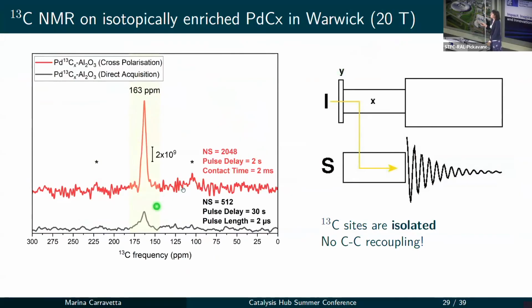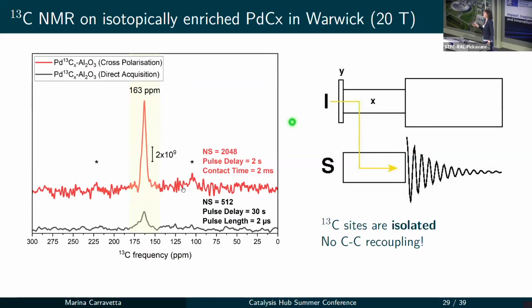And over here, we have data for the experiment acquired through direct excitation. And this one here is the result of cross-polarization. Cross-polarization is a method that transfers the NMR signal from protons to another species.